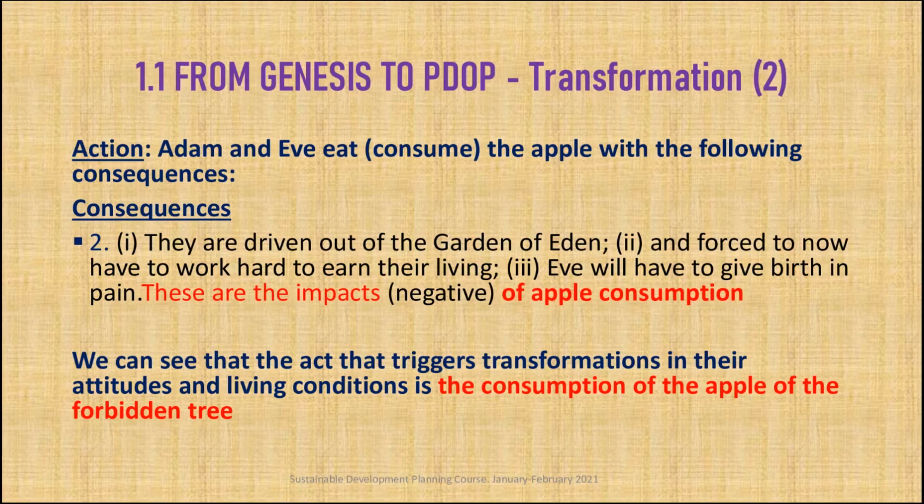And third, Eve will have to give birth in pain. These are the negative impacts of the fact that they consumed the apple. We can see that the act that triggers transformation in their attitude and living condition is the consumption of the apple of the forbidden tree.